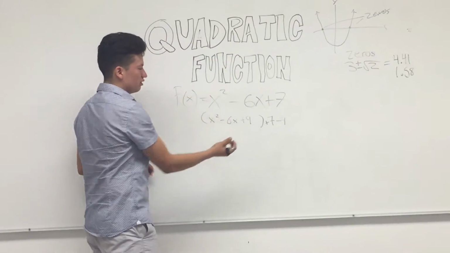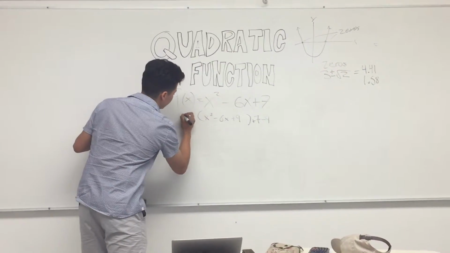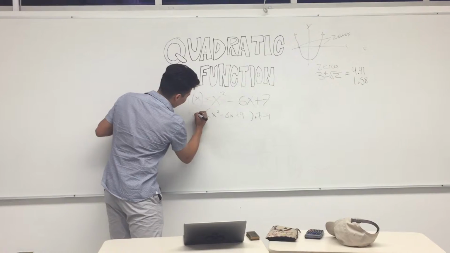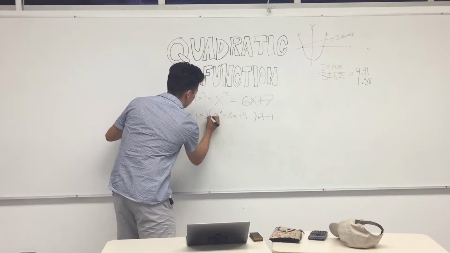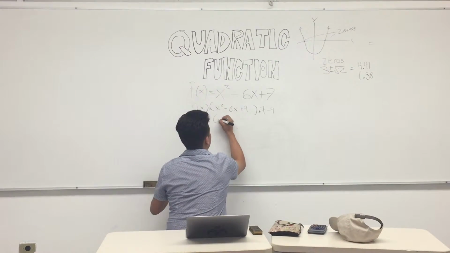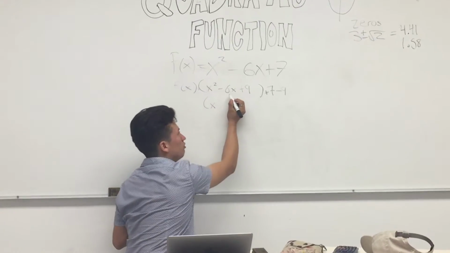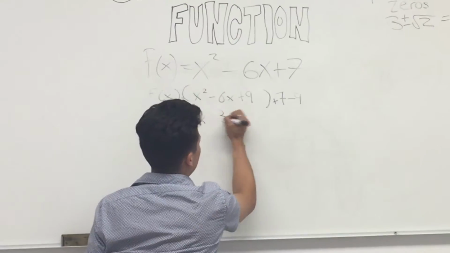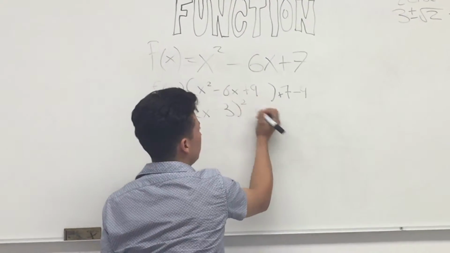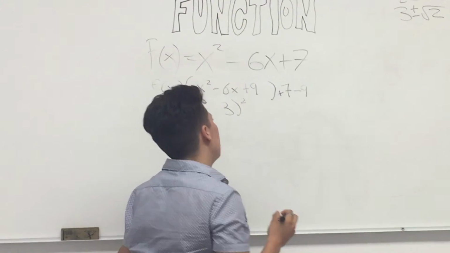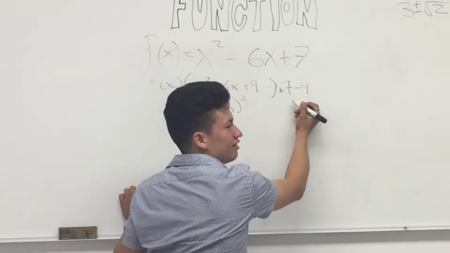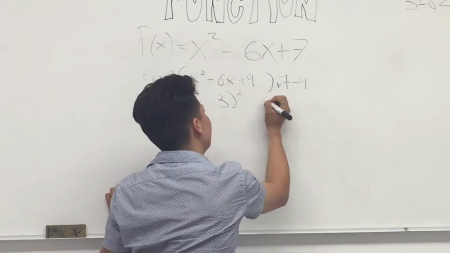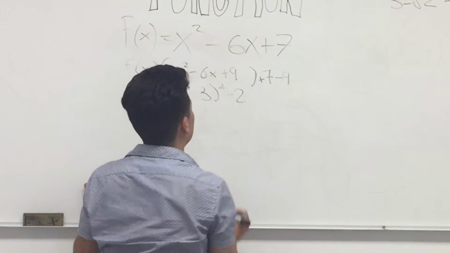Now that we have this, the next step is to write x minus this one, which is minus 3, all to the second power, and then we combine 7 minus 9, which is minus 2.